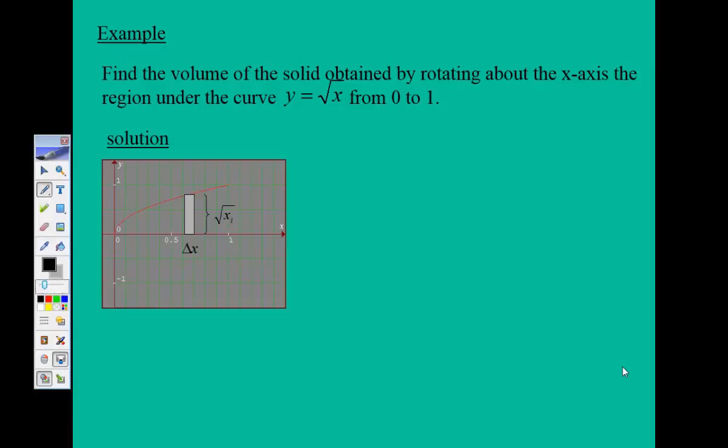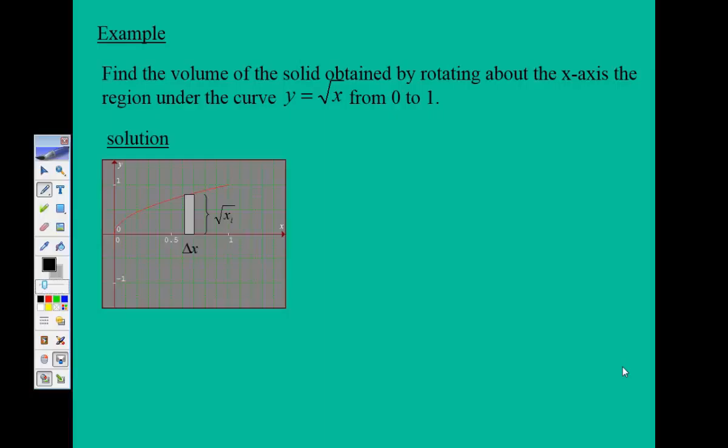Now this is where I say, if I said previously that if we draw in our representative rectangle, it will indicate to us if we're going to be working in functions of x or in functions of y, because we could rotate this around the y-axis also.